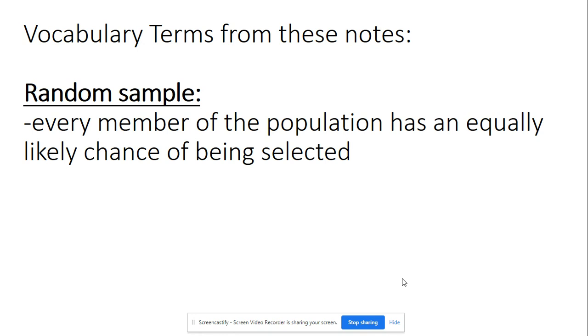So this is one of the questions that I asked. Did every member have an equal likely chance of being selected? Was that answer yes or no for the first one? Yes. What about for the second one? Yes. What about for the third one? So all three of those were examples of random sample, but there were definitely differences between the different types of samples.